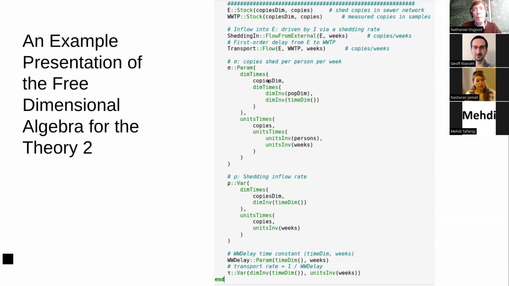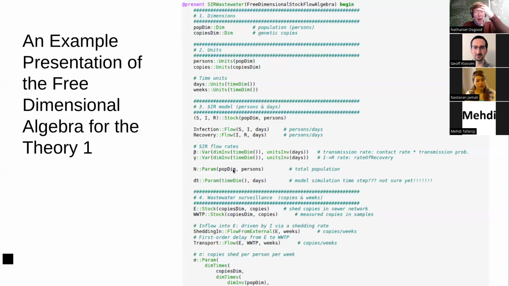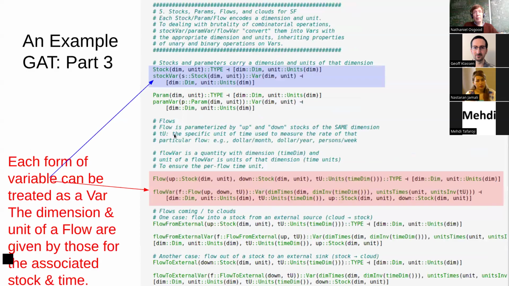So copies per person in the population per unit time. That is sweep. And you get similar units associated with this. This is a shedding inflow, wastewater time constant. Okay, so she's built up a presentation of this theory.